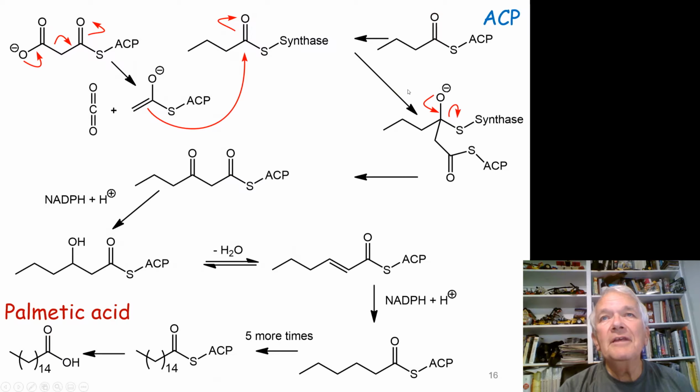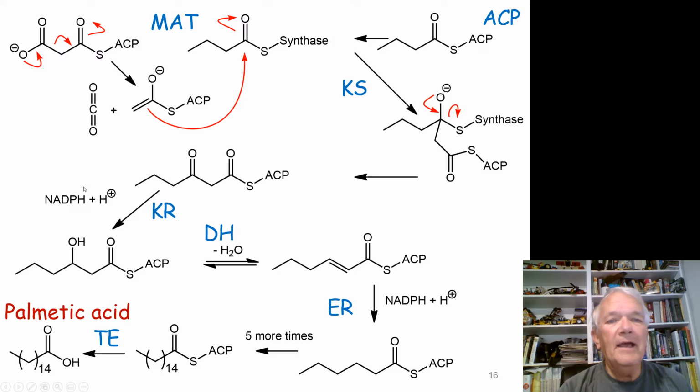Here are the initials of each of those subunits, and you simply go through each of these little steps at a time. Each one has its own enzyme, and the molecule goes around here any number of times. Well, not any number of times, up to 7 times to get to palmitic acid. You could make shorter acids by not doing all the steps.